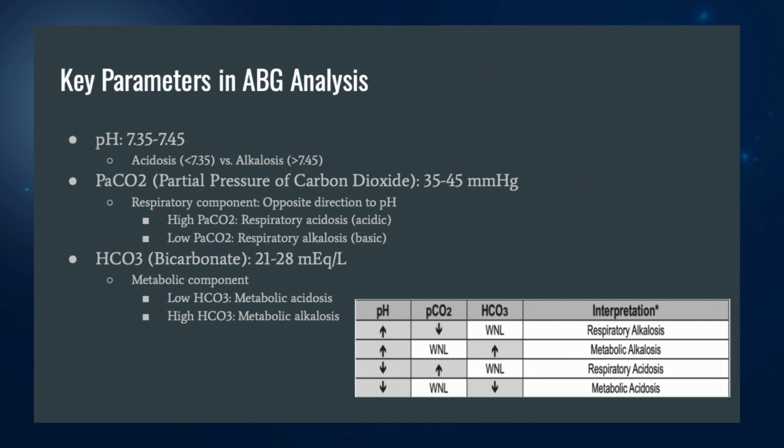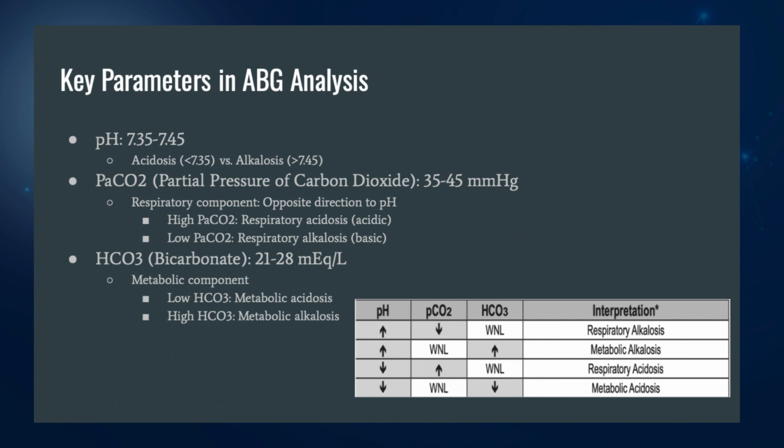And then let's look at this chart over here. As you can see in the first row, you can see pH, partial pressure of carbon dioxide, and bicarbonate, and the interpretations are seen in this box.